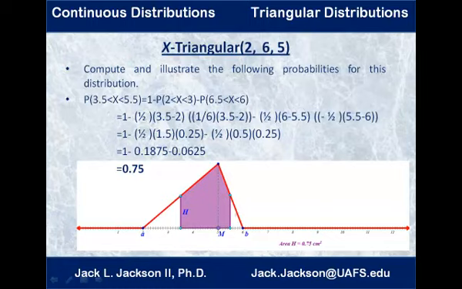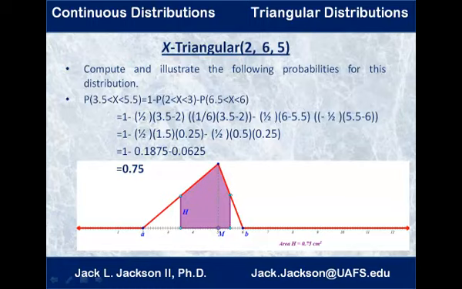Now, if we look at the right-hand side, we get the area there of another triangle, very similar manner. 1/2 base times height. The base is 6 minus 5.5, so that's only a half for the width here, for the base, that's 0.5. And the height is negative 1/2, the slope, times 0.5 minus 6, which is a negative 0.5, times a negative 0.5 is a positive 0.25, and so that's the height here.